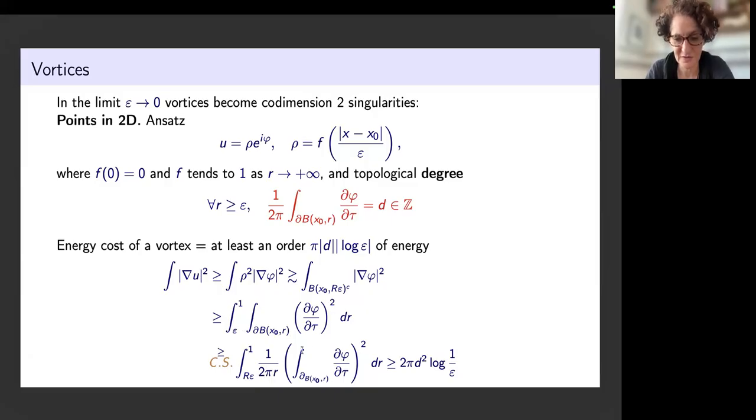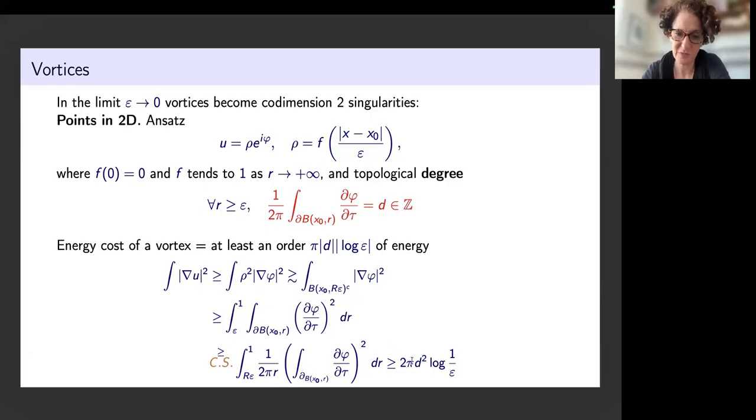Okay, and now you recognize the degree. So you have this integer, 2 pi d, and when you square that and you integrate all of that, you find 2 pi d squared log 1 over epsilon. That's the leading order when epsilon goes to 0. So it's a divergent contribution. And it's carried sort of outside of the core. It is the energy that's in the far field.